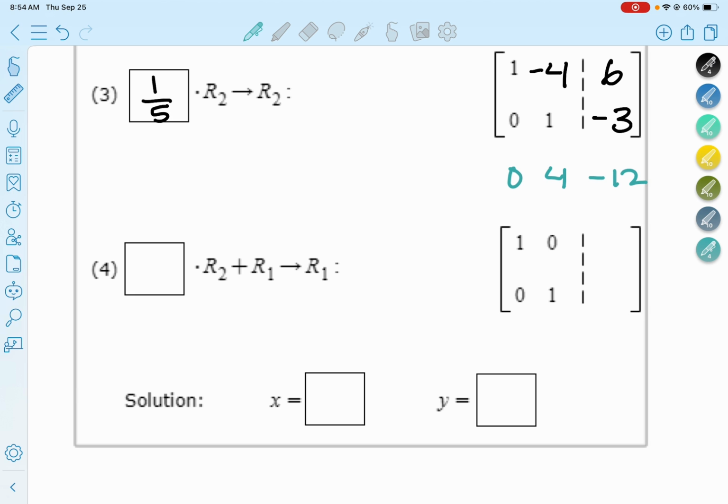When I add those, oh, I'm so sorry, I forgot to put my 4 right here. So when I add those together, I can see my -4 and 4 cancel to leave me 0. Then I go 6 plus -12, which is -6. My last number stays alone, so I just leave that as -3. This then tells me that x equals -6 and y equals -3.